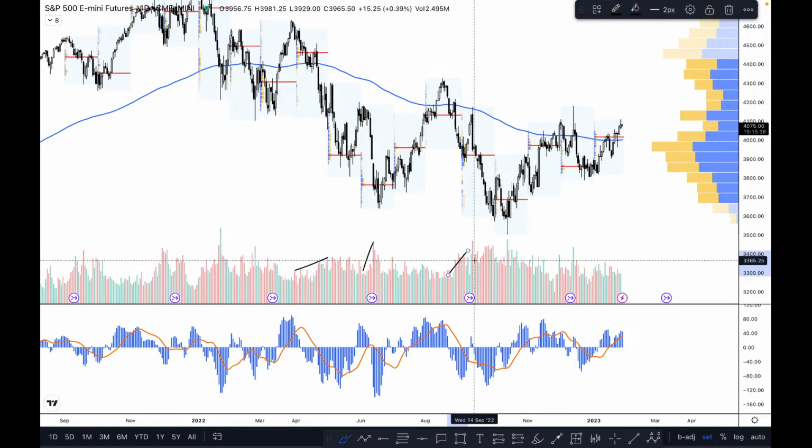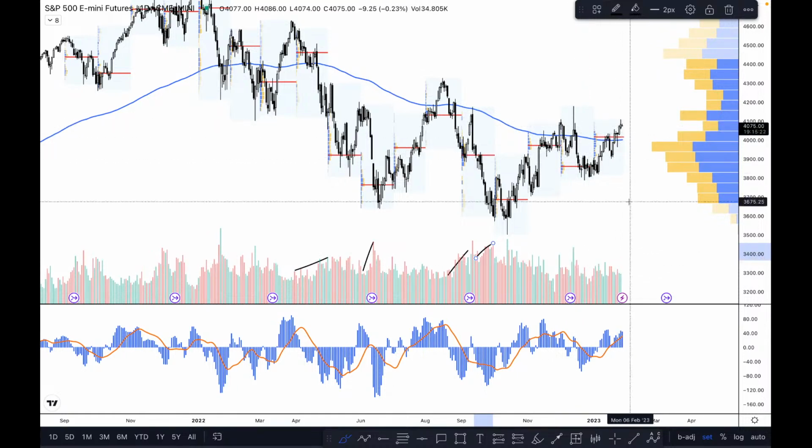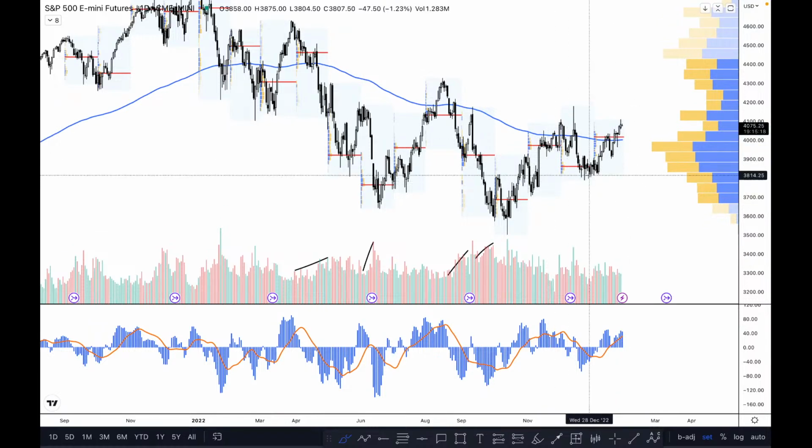Rally up, supply came in heavy. Now that we've rallied up again, the supply didn't really come in heavy right here. And now where's the supply? Why isn't there supply after this pullback?